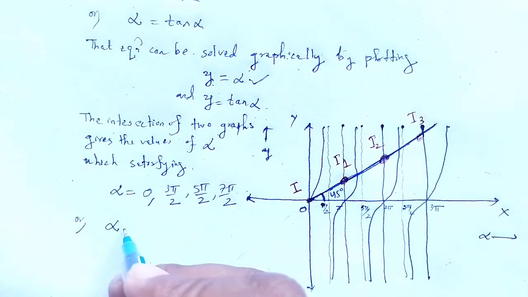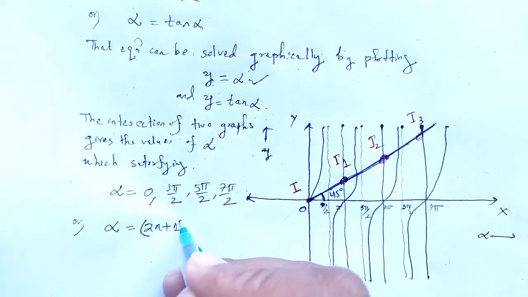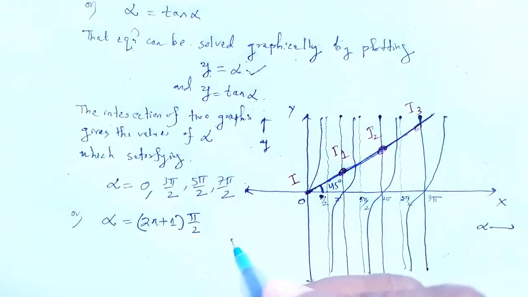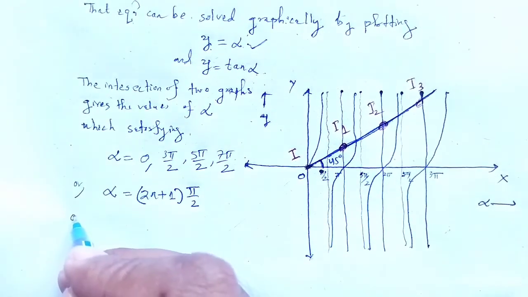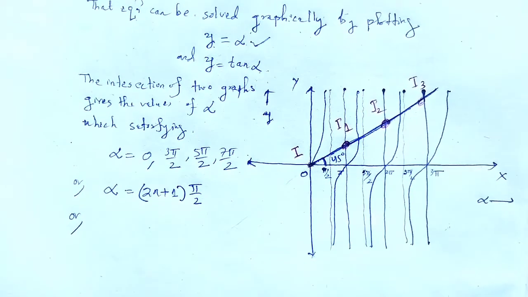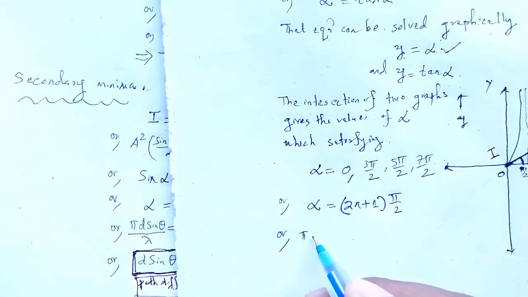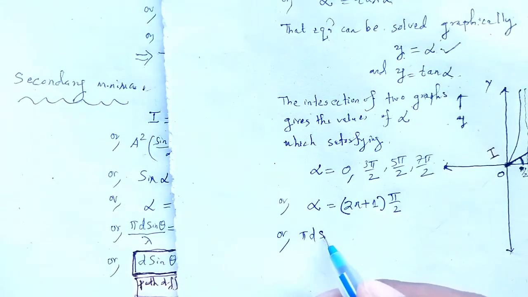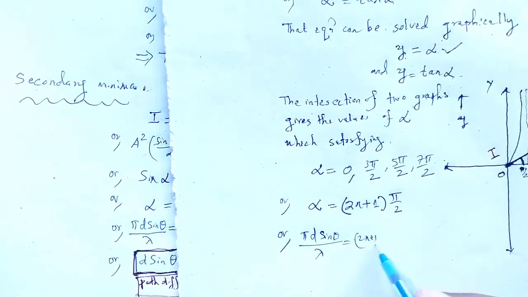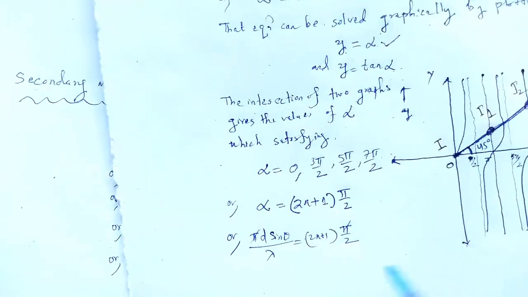Therefore we say alpha is equal to (2n plus 1) pi by 2, an odd multiple of pi by 2. Or alpha, which is pi d sin theta by lambda, is equal to (2n plus 1) pi by 2; pi cancels out.